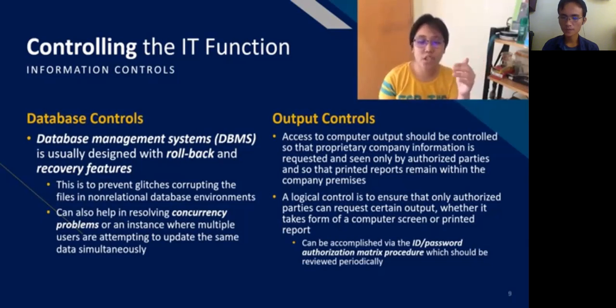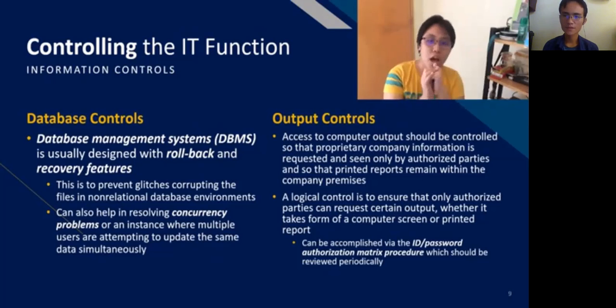It can also help in resolving concurrency problems, an instance where multiple users are attempting to update the same data simultaneously. You see the problem sometimes when there are a lot of users accessing the same data, and multiple users are attempting to update the very same data that you are also trying to update; there can be concurrency problems.